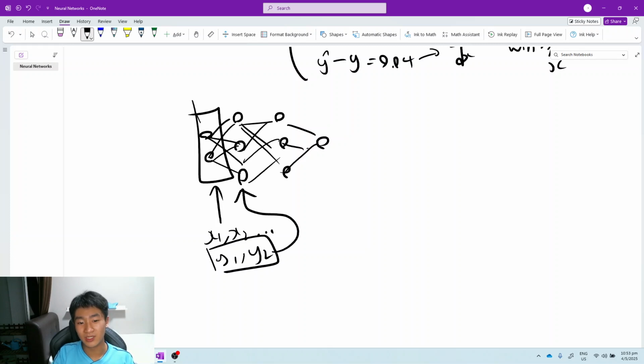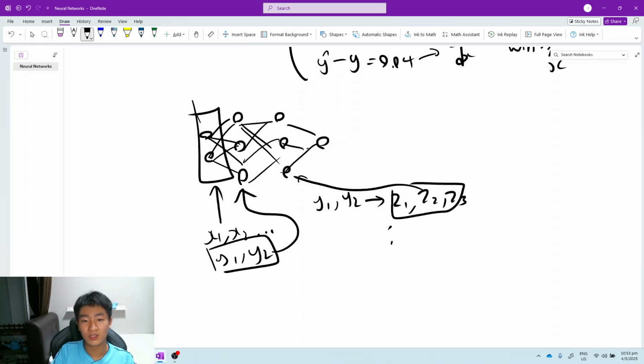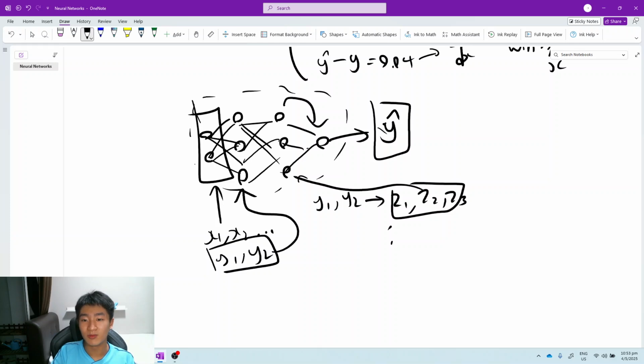So this layer receives y1, y2 as inputs, and since there are 3 of them, they'll generate z1, z2, z3, etc. This goes on into here, which goes into here, and this gives out a final y hat. This shouldn't be y, but this is the final output of the entire model. The entire model gives you this y value, which is the prediction of the output y from your inputs x.